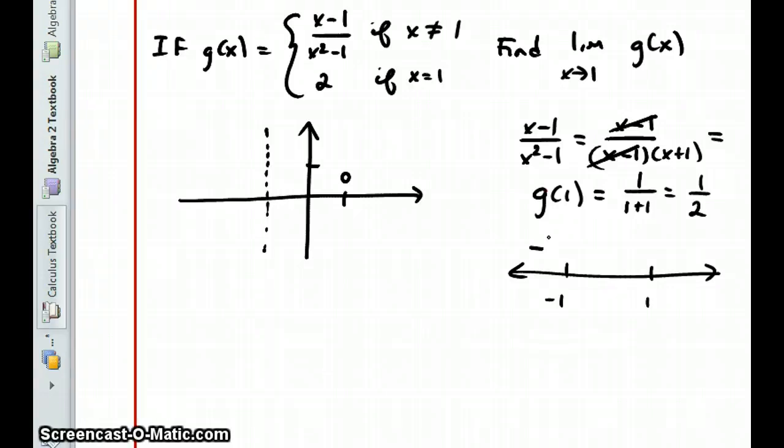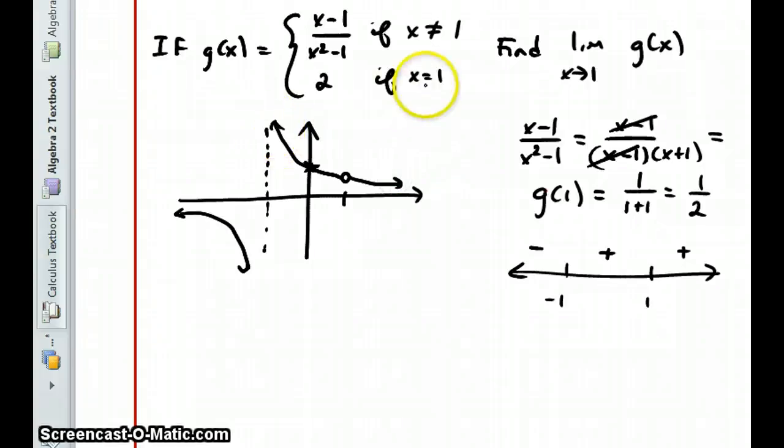If we pick a value between -1 and 1, for example the y-intercept, we can see that we're going to be positive. And if we pick a value greater than 1, say 2, 1 over (2 plus 1) is 1/3, which is again positive. So the graph itself is below the x-axis, above the x-axis, above the x-axis. So we have a graph that behaves like that.